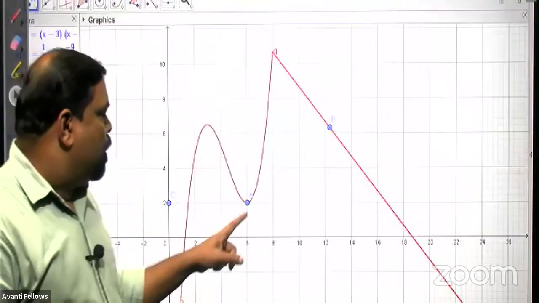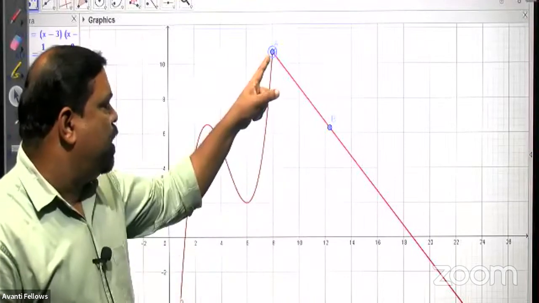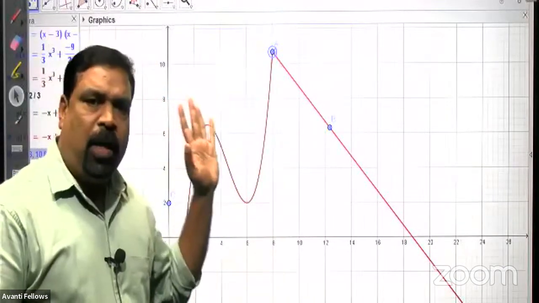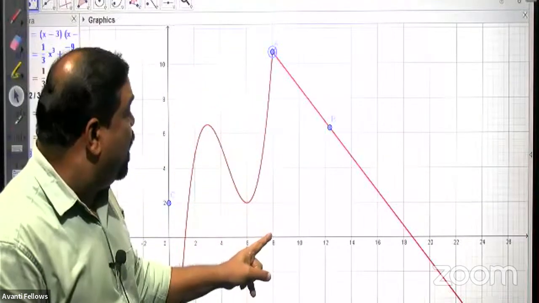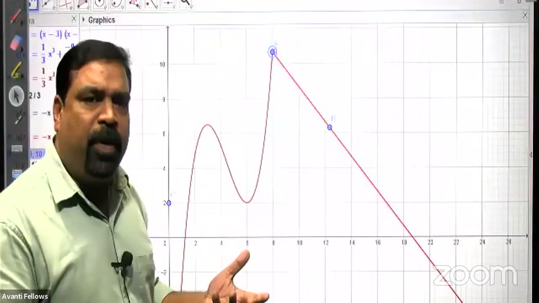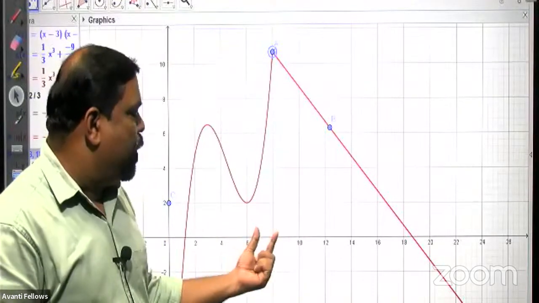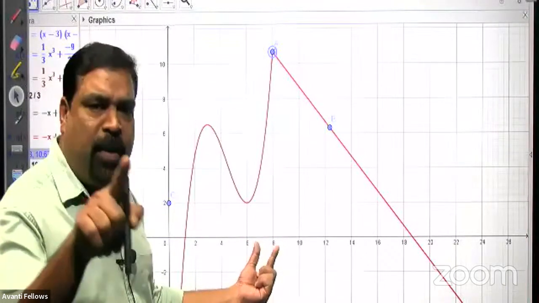And again, at x equal to 8 also, that is a point of non-differentiability. Again, that's a critical point. And very clearly from the graph, you can observe that at x equal to 8, the function attains a local maximum. So it is also a point of local maximum. Remember, that is a point of non-differentiability also.